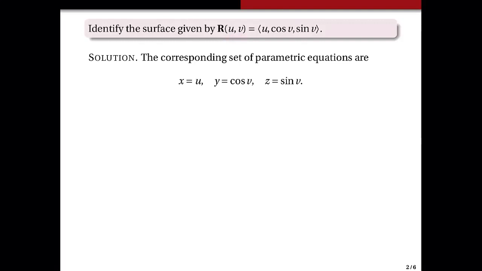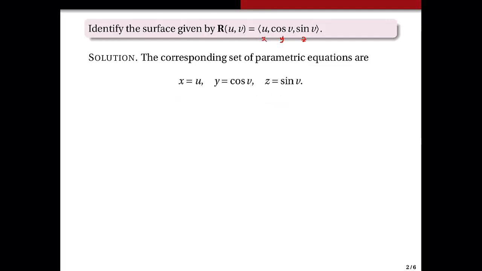This is your x, this is your y, and this is your z. So we have these parametric equations: x equals u, y equals cosine v, and z equals sine v.